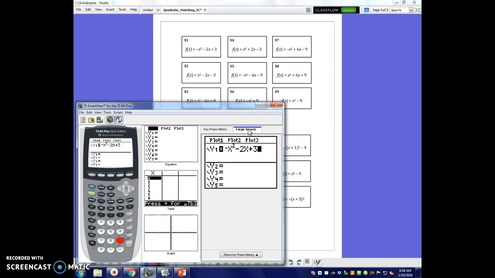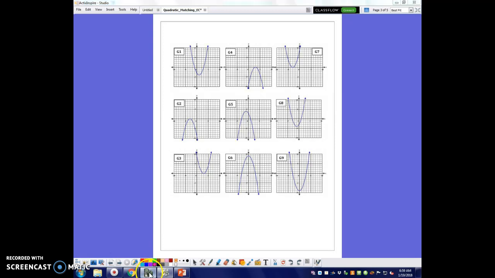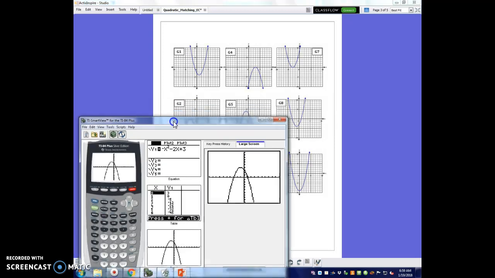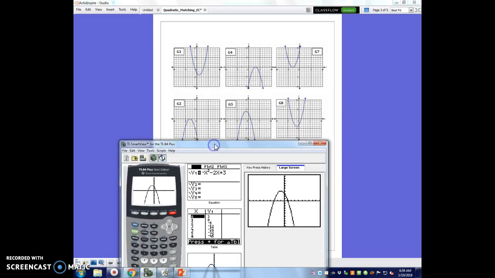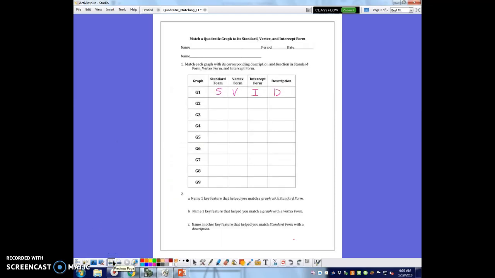So we type that in the calculator and we hit graph. Now we're going to go back and try and find which graph matches this. None of those top 3. It looks like this one does, right here. So for G5, I would put S1. And then you do the rest of them.